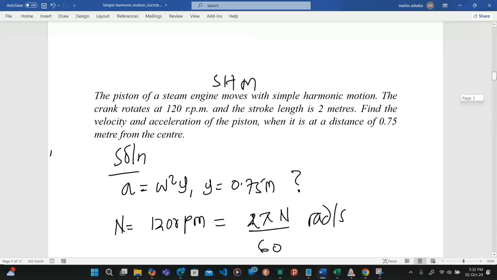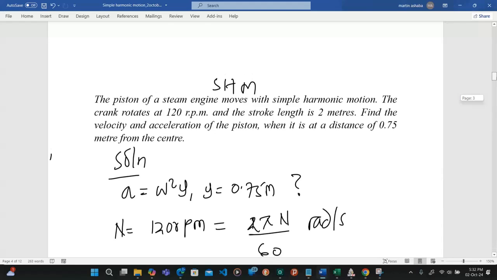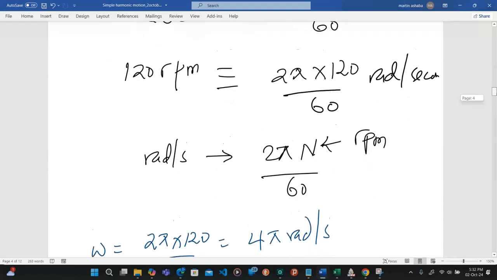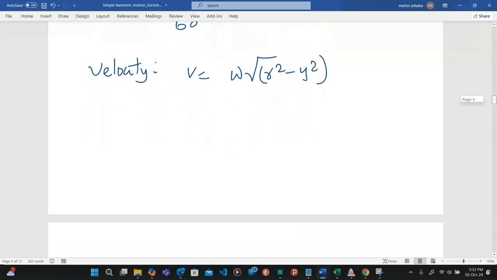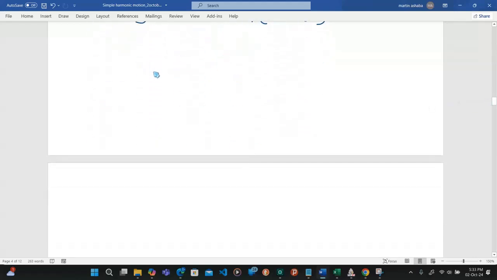So we want to look for the velocity and acceleration. First of all, velocity v is equal to omega times the square root of r squared minus y squared. Then what is r? You have an engine.